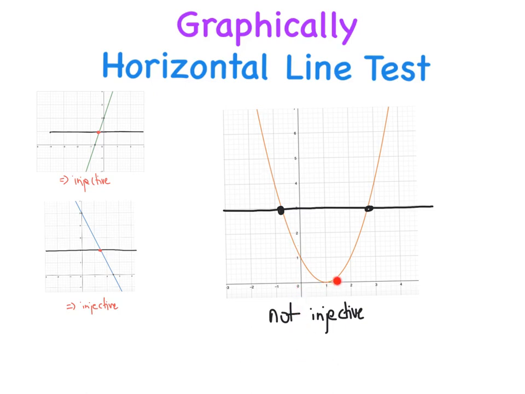We can see this graph, if I draw a line across here at minus 0.6, it is not going to touch anything. So that function wouldn't be surjective because the codomain is wider.